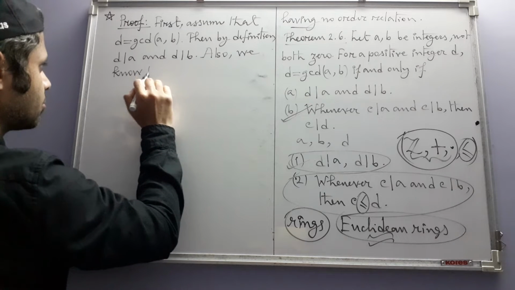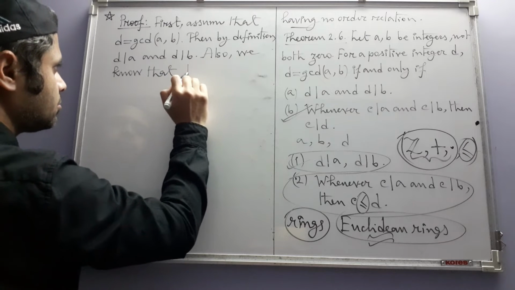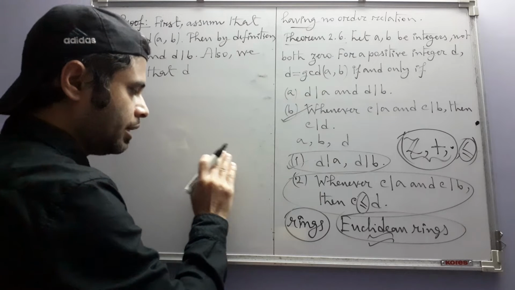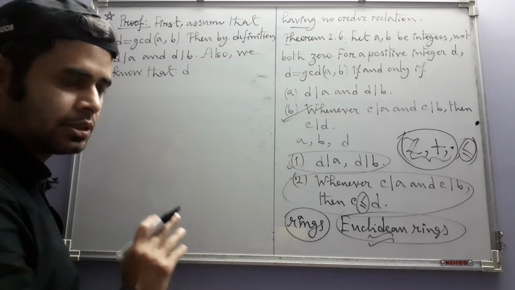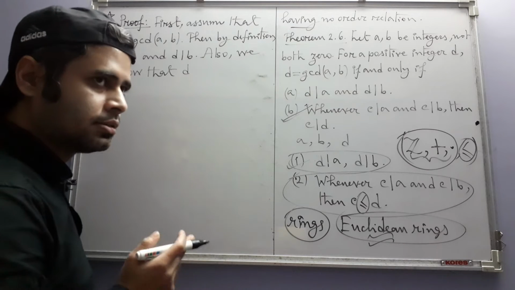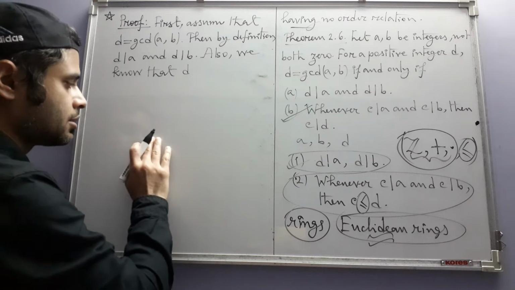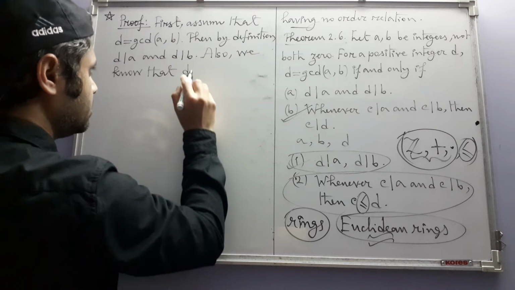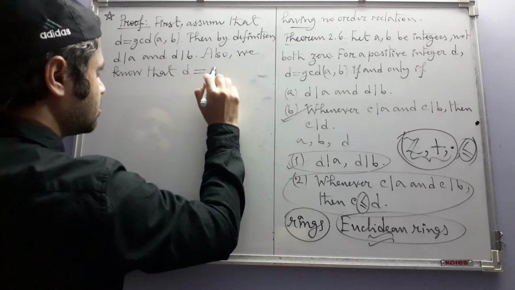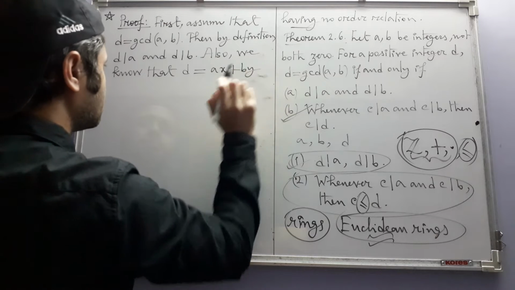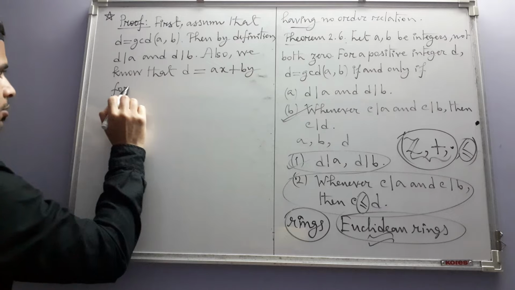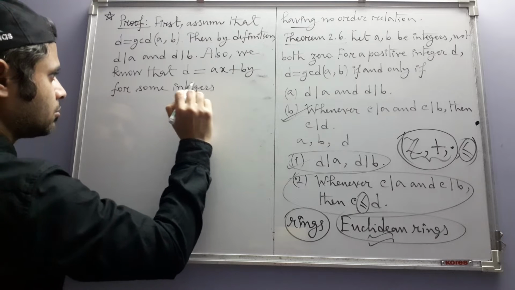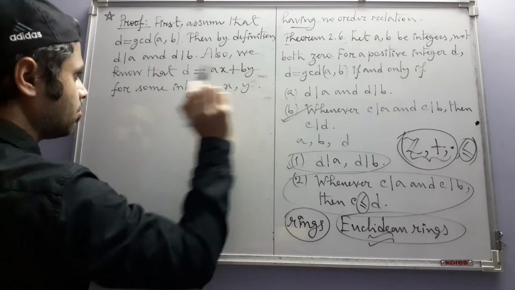Also, we know that it's the main result about the greatest common divisor, which says that for any two integers, at least one of which is non-zero, there exists a GCD, and the important part is that the GCD is a linear combination of the two integers. So D, being the GCD of A and B, can be written like this, for some integers x and y.